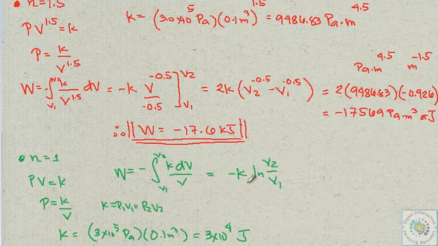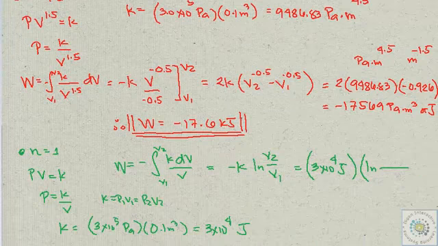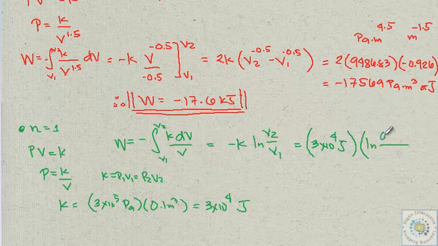Now, negative K ln V2, so we'll have here 3 times 10 to the 4 joule, multiplied by ln of V2 over V1. V2 in this case will expand to a final volume of 0.2 m cubed, while V1 is 0.1 m cubed. Wait, I think I forgot the negative.